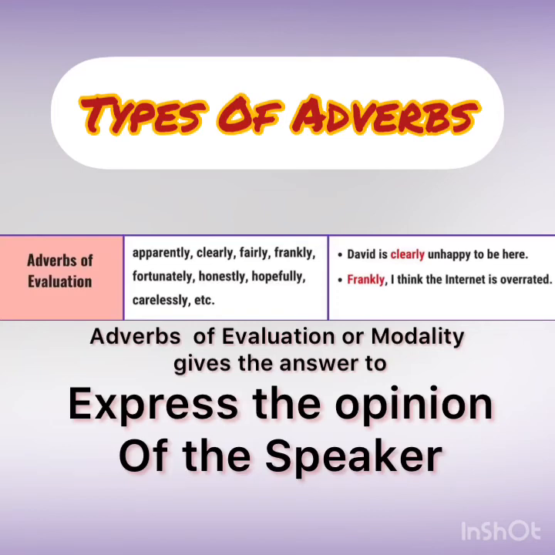Next one, frankly, I think the internet is overrated. Frankly यहाँ means सच बताऊँ तो या frankly बोलूँ तो मैं ये कहना चाहता हूँ कि इंटरनेट जो है यहाँ पे overrated है. तो frankly is actually adding to the whole sentence, right?